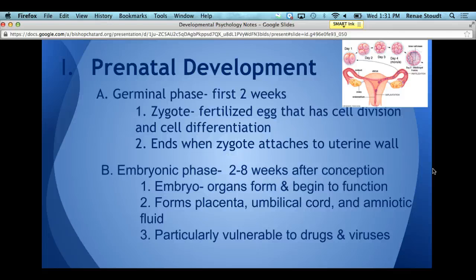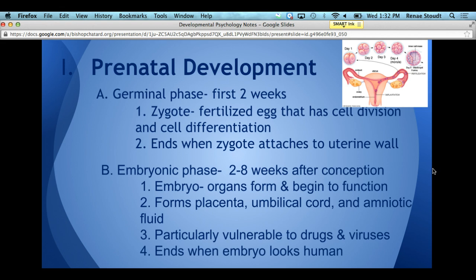If she's doing hardcore drugs like cocaine or heroin, that's going to have a negative effect, and so do alcohol and smoking. A really bad infection or virus could also harm the baby. Some women have actually lost the baby at this stage because of a virus. This is the crucial stage where it can be really impactful, and most women don't even know they're pregnant at this point.